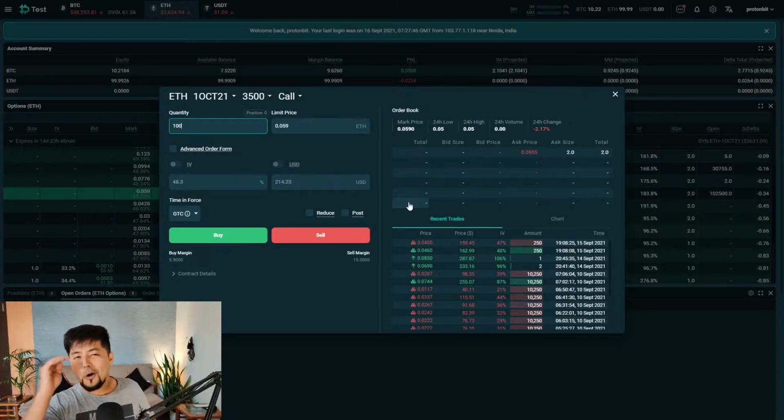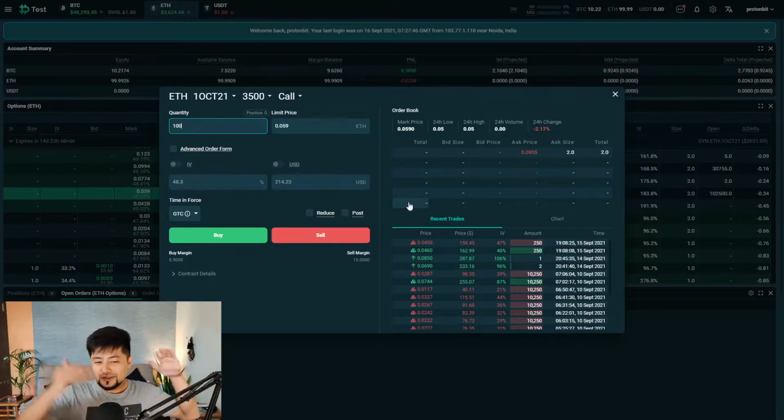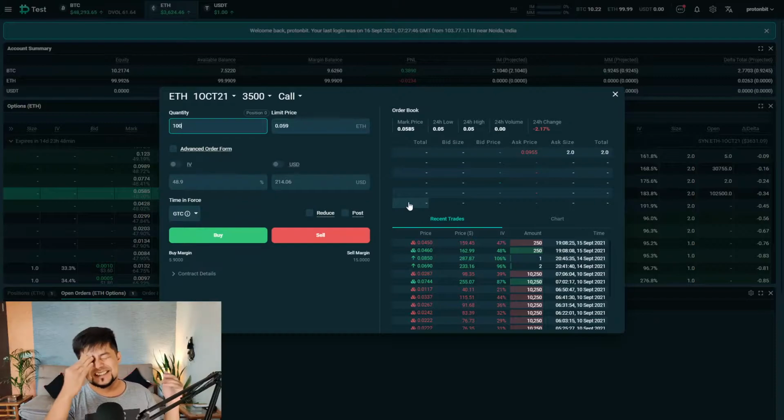guys. And holy crap, back in October last year, all of these options were selling for $2, $1 and pennies. Man, oh man, and Ethereum went to $4,000, guys. These premiums skyrocketed. These premiums do skyrocket like your shit coins, guys.